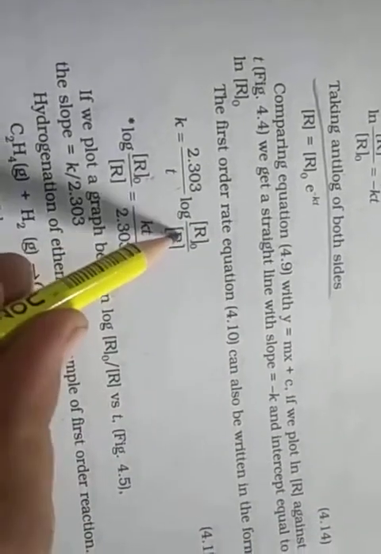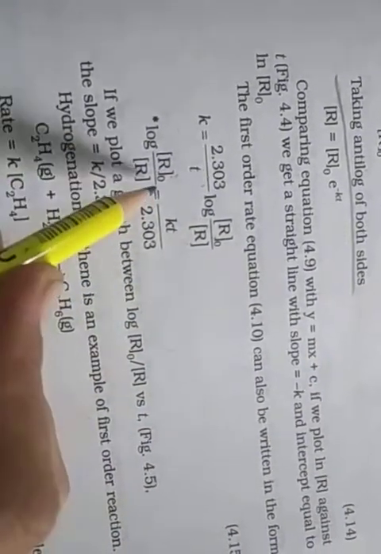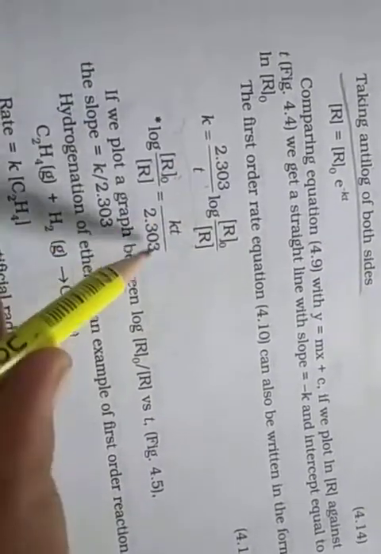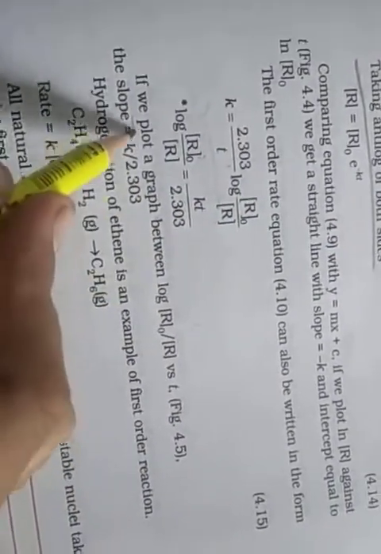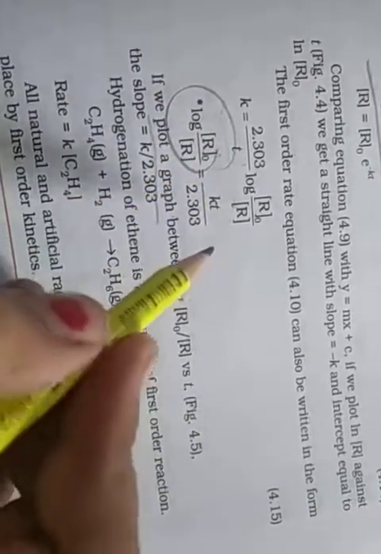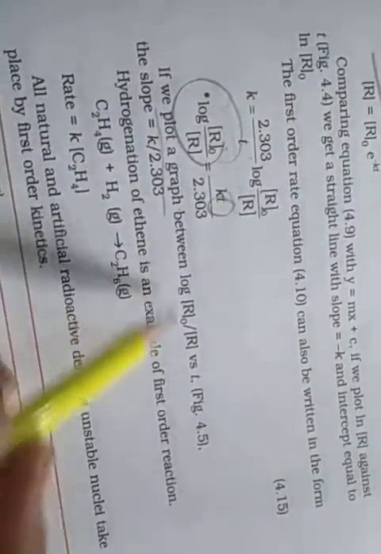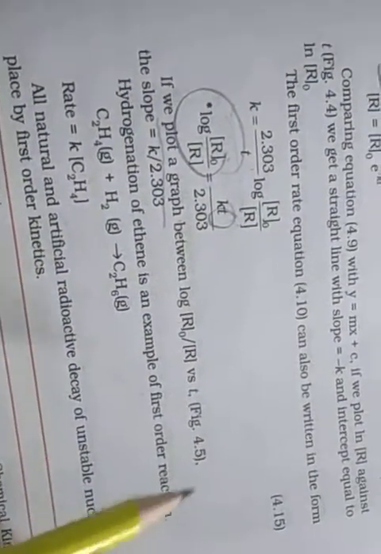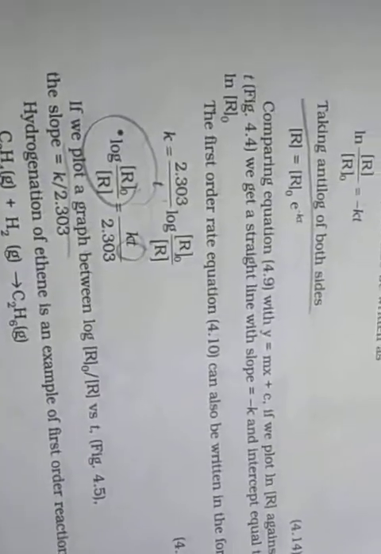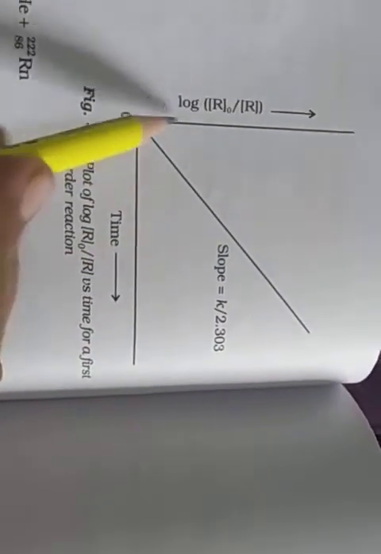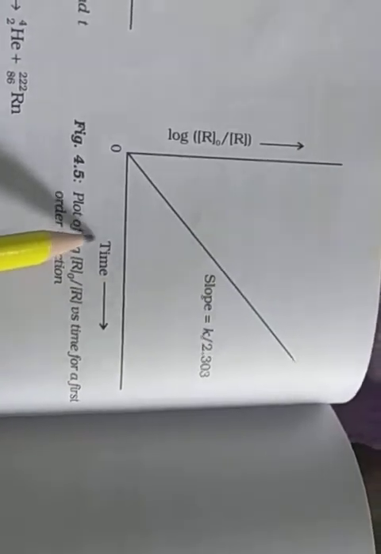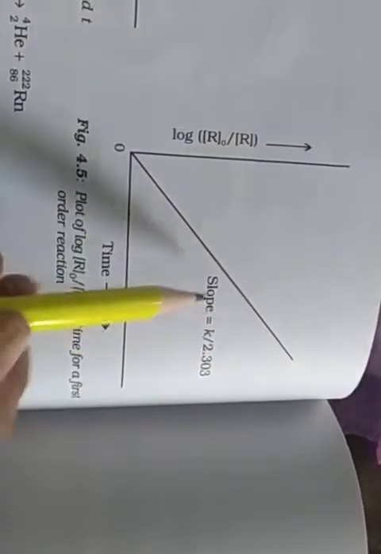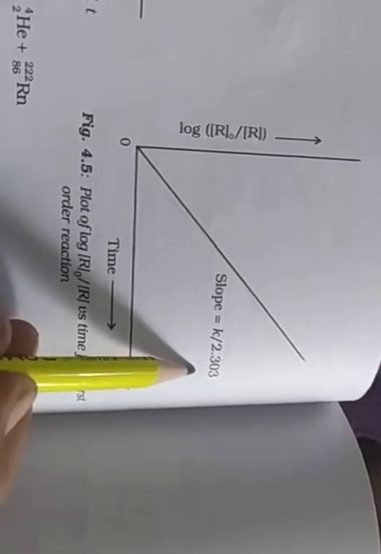Log R naught upon R going to the left-hand side, the value is equal to kt divided by 2.303. So if we plot a graph of log R naught upon R versus time, we get a straight line and its slope is k divided by 2.303.